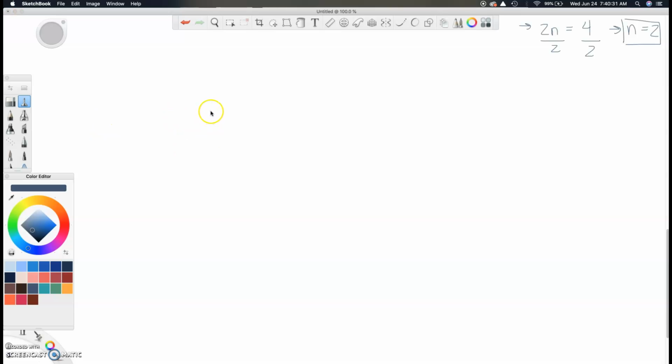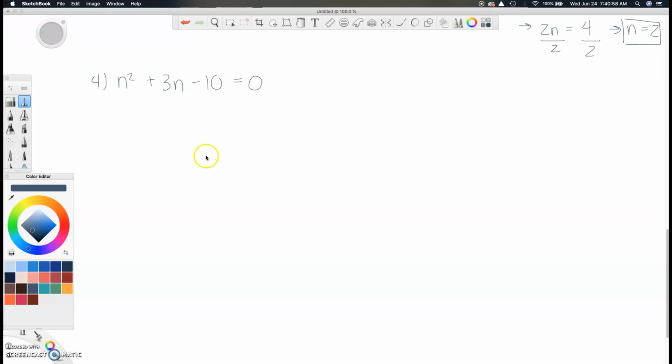This is definitely, I think, going to be mostly a review for you all, and hopefully you guys will get this pretty quickly. But let's go through an example like, n squared, we'll label this one 4, n squared plus 3n minus 10 equals 0. Now we see that this isn't in factored form, so we have to factor it first.